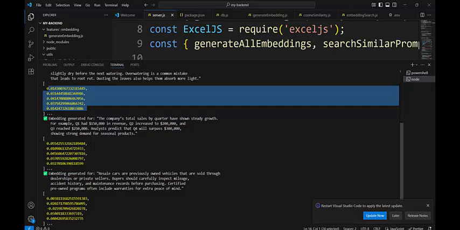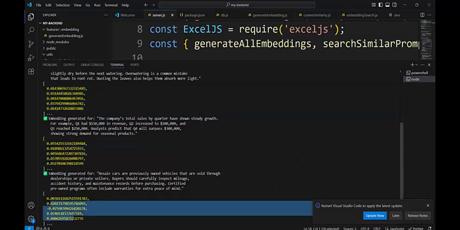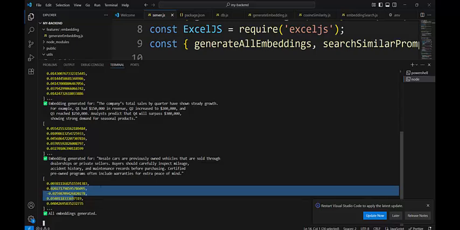But cosine will compare this one vector of every data, this one vector, this one vector, with our prompt vector. It is cosine similarity. Compare that, and we have a score.